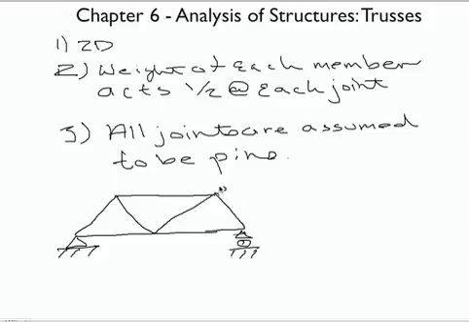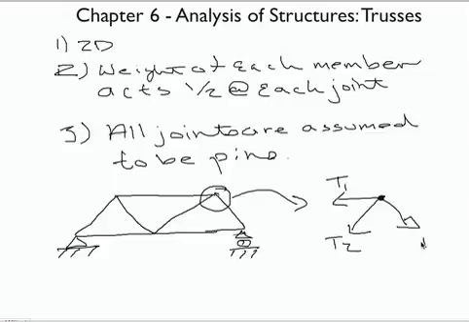And so if we were to highlight and draw the free body diagram of that joint right there, we'd have the force in this member, the force in this member, and the force in this member. All three of those members, right? So all three of the tensions or compressions in each one of those members are represented by this free body diagram, right? So T1, T2, and T3. But there is no applied moment here.